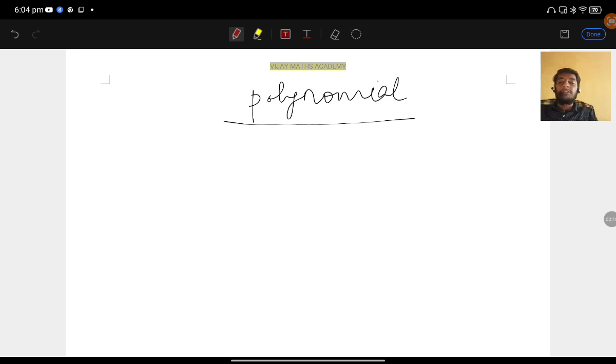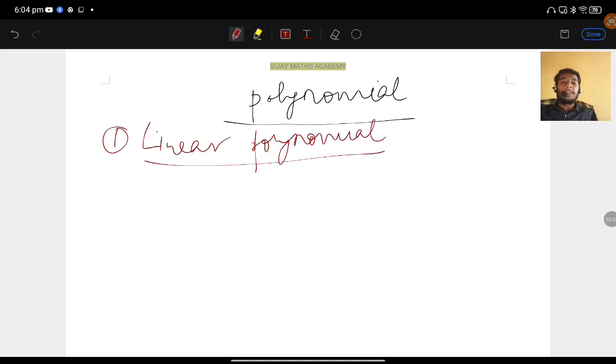Likewise we will see first one, linear polynomial. Linear polynomial means whose degree will be 1, degree of variable x will be 1. Then it is a linear.